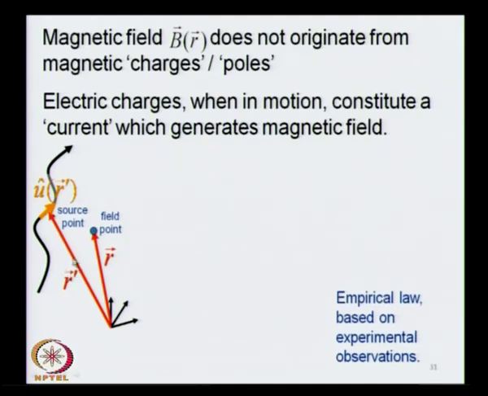So, the source point we denote by the primed vectors and the field point by the unprimed vectors. And the influence we are talking about, which is an empirical law, is known as the Biot-Savart law, which was formulated in 1820.